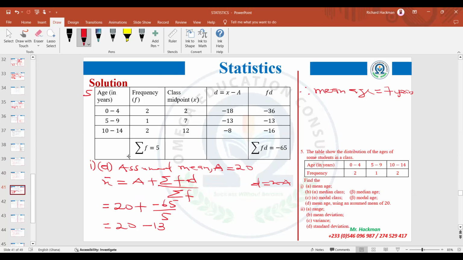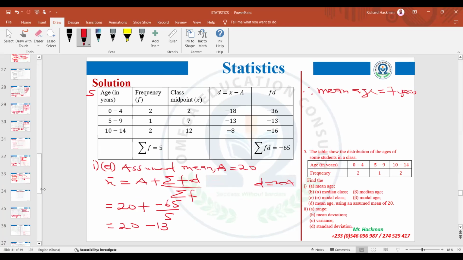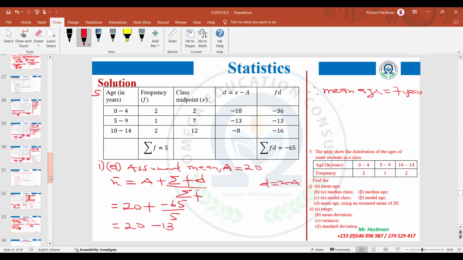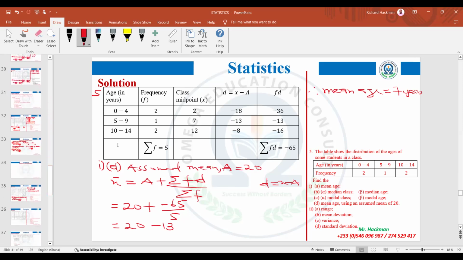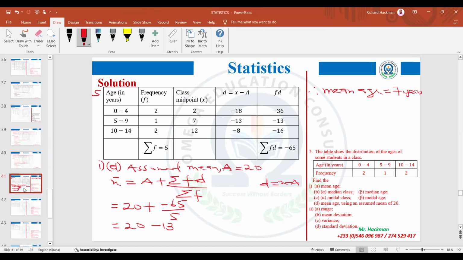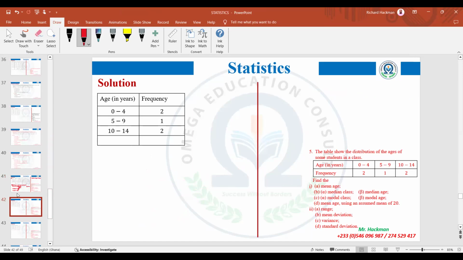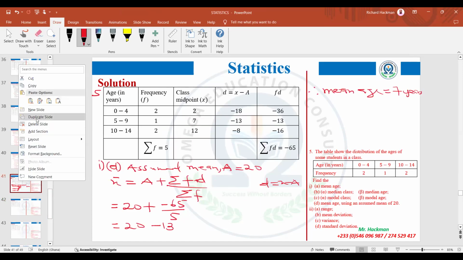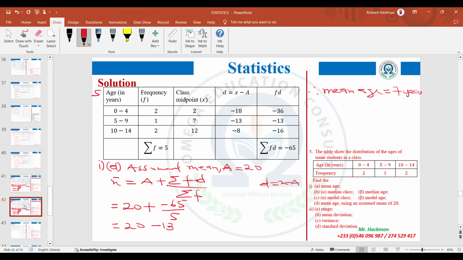Fortunately for us, I can use this table. Let me see where the table is. So this is where the table is. Let me duplicate it, or it's already duplicated. I will duplicate it so that I don't waste time, because some of the parameters that I need are there.